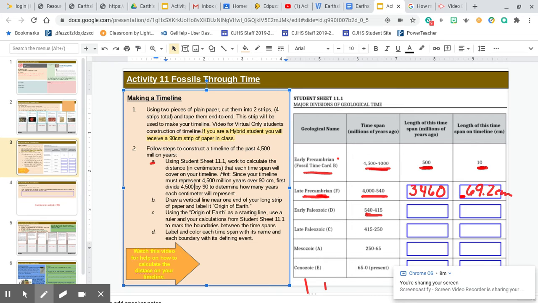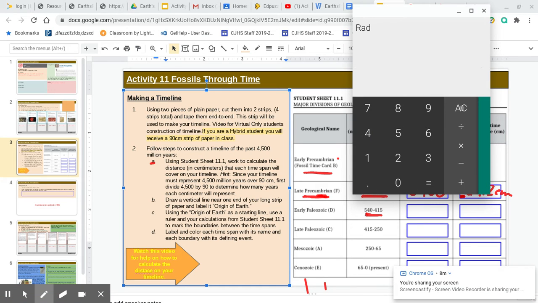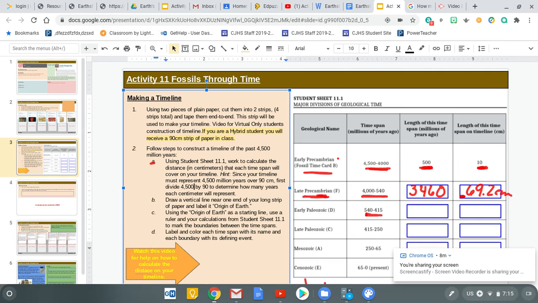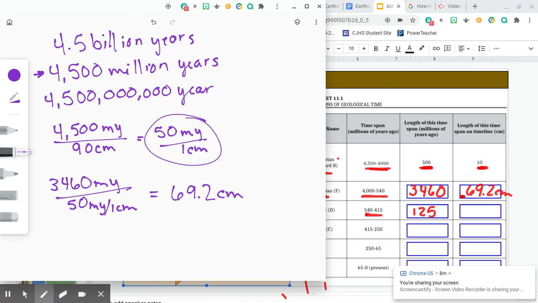Our first step is to subtract those two numbers. 540 minus 415 gives us 125. That's how long it lasted, 125 million years.